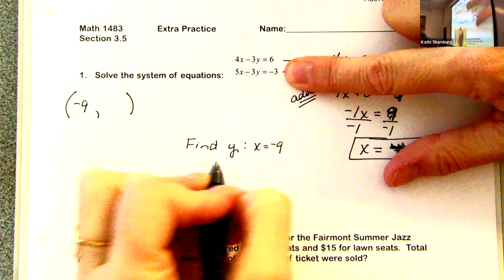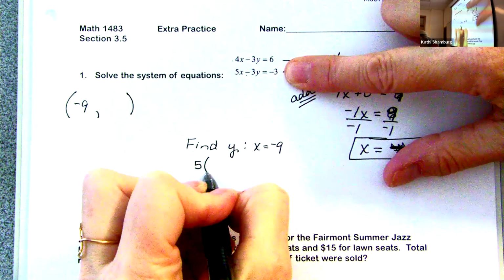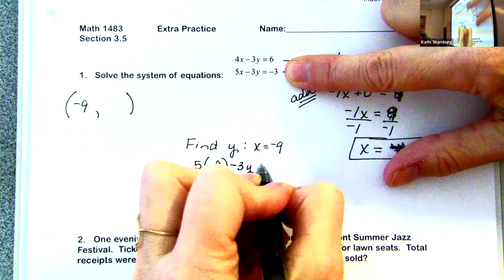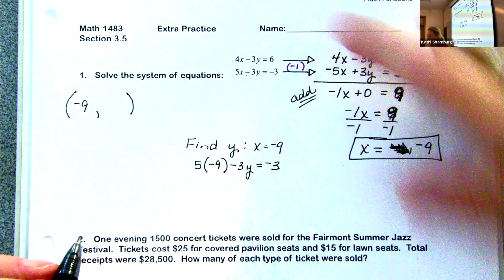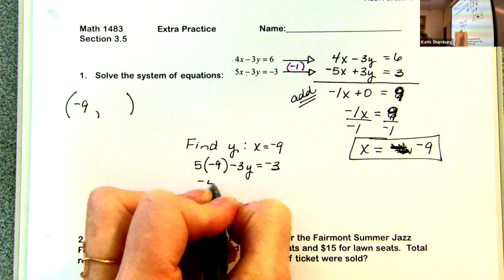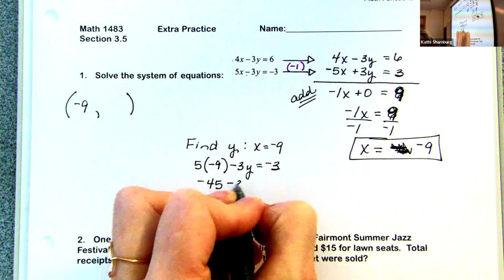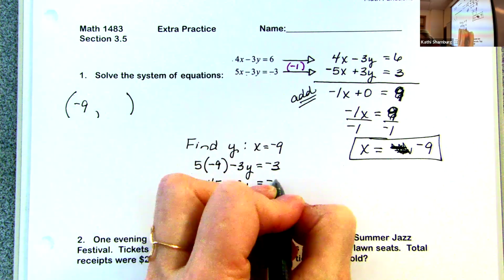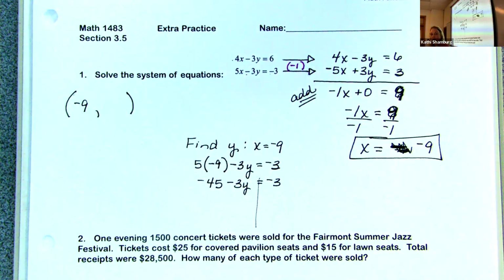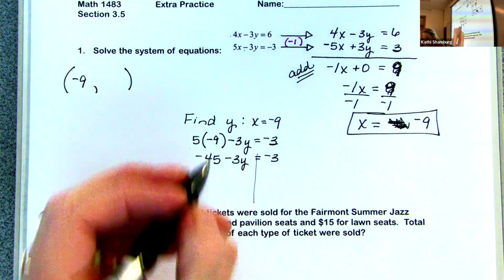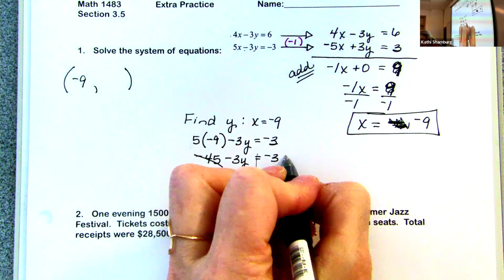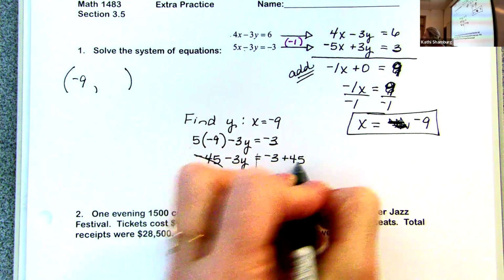Again, it doesn't matter. So 5 times x, but we know x is -9, minus 3y equals -3. 5 times -9 is -45 minus 3y equals -3. We're solving for y. If I want to move -45, I add 45 to the other side.